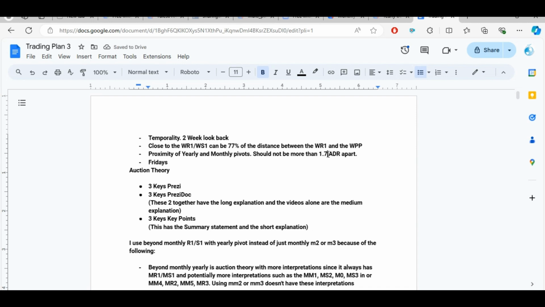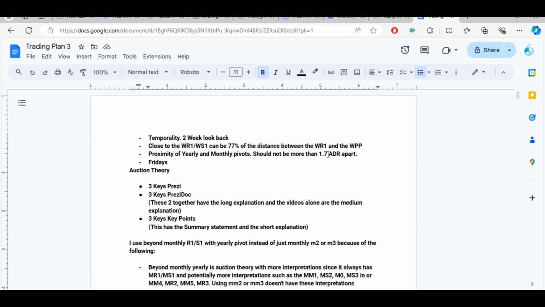If the pip distance between the yearly pivot and the monthly pivot is like 1.7 ADR, I'm not interested in the trade, because by then only one of the levels is considered as an interpretation, and the other level that's 1.7 times the ADR below the level is not being considered because it's not close, right? Price has already moved on from that level.